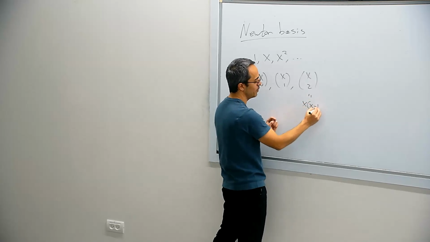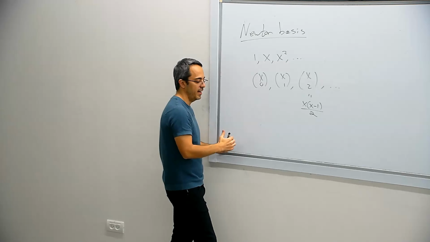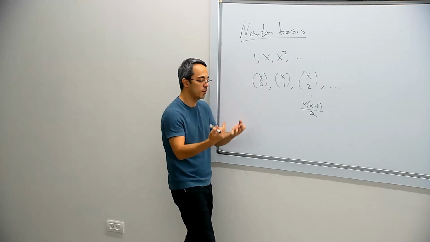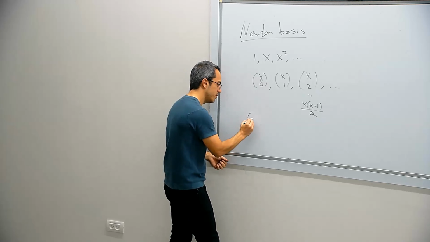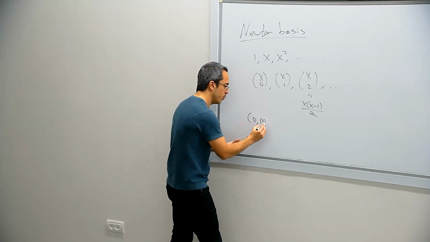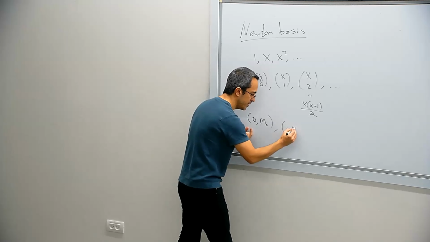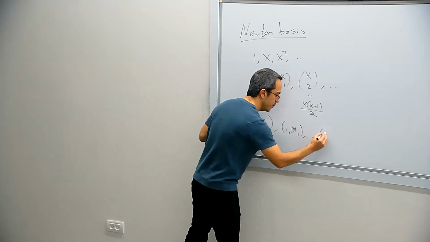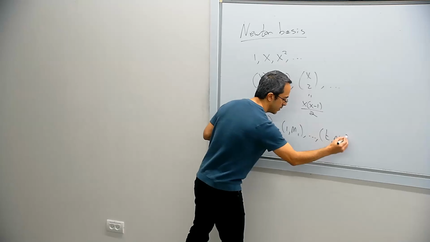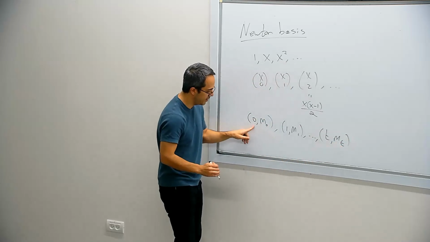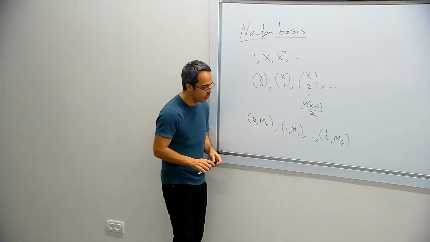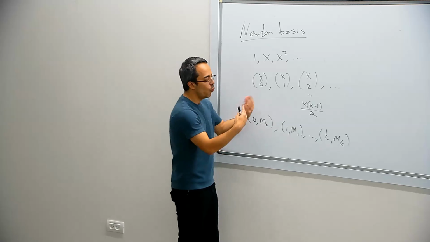So for example, say I'm telling you I want to look at the polynomial that goes through these points, that interpolates through these points. At 0 it's m0, at 1 it's m1, and so forth. So what is this polynomial?